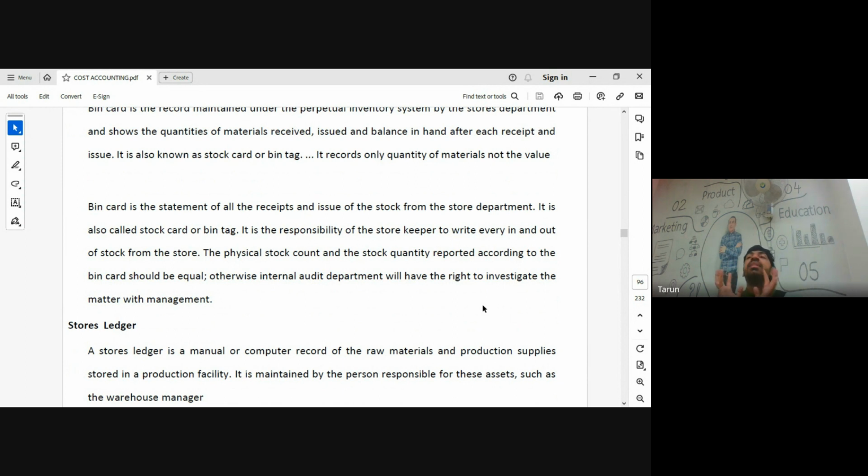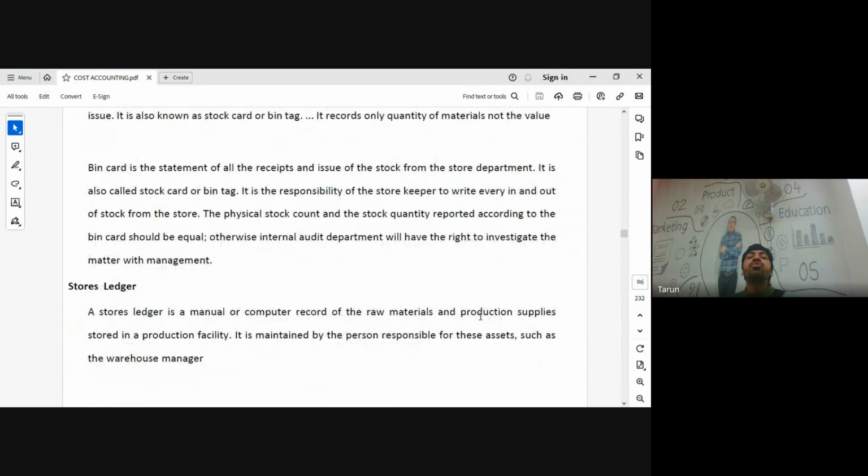And if something is lacking or discrepancies are found, then the internal audit department, or an auditor, will play a major role. They will investigate the matter with the management as to why these discrepancies have been found in your records. That is the overview of the bin card.